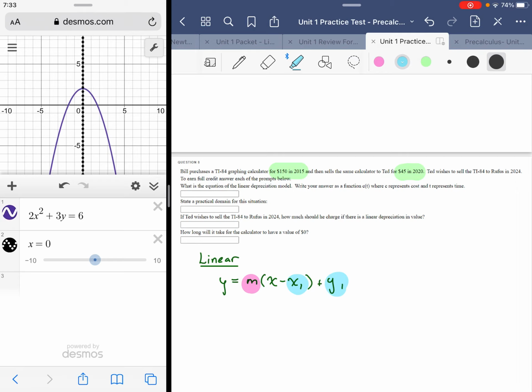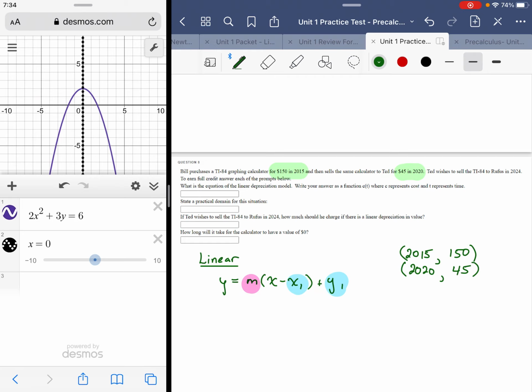I'm looking at years versus dollar amounts, where years would be a predictor of the dollar amount. So 2015, 150, 2020, 45.